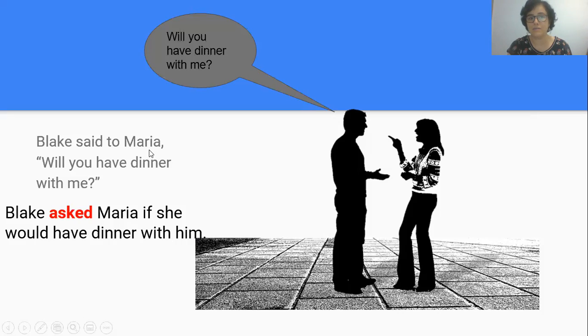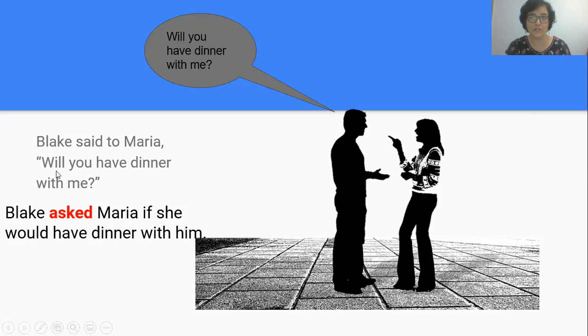Blake asked Maria if. Now there's something else which is very different over here. There's an interchanging of the verb and the pronoun. Have you noticed that? If she would.